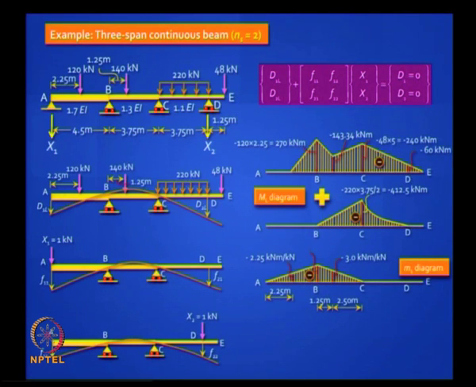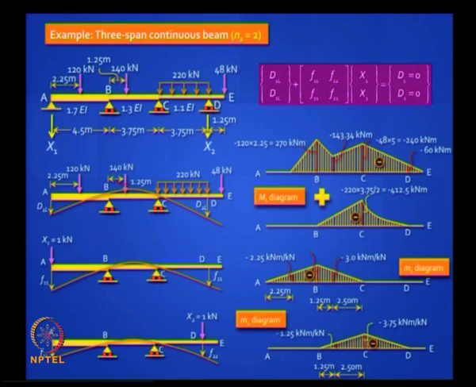When you apply x1 equal to 1, the bending moment diagram, small m1 diagram, will look like that. When you apply x2 equal to 1, this is what that diagram will look like, right. Let us not worry too much about the calculations, you know how to do this, but conceptually once you have got these diagrams you can multiply these diagrams the way we did in the earlier classes and get the answers.